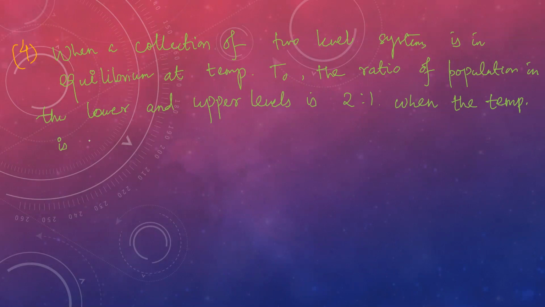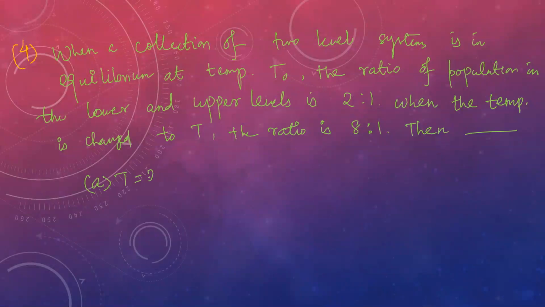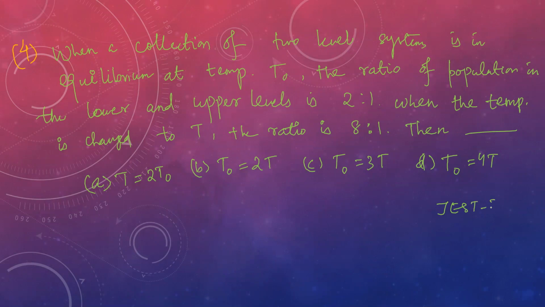When the temperature is changed to capital T, the ratio is 8 is to 1. Then what are the options? T is equal to 2 T naught. T naught is equal to 2 T. T naught is equal to 3 T. T naught is equal to 4 T. So this came in just 2018.